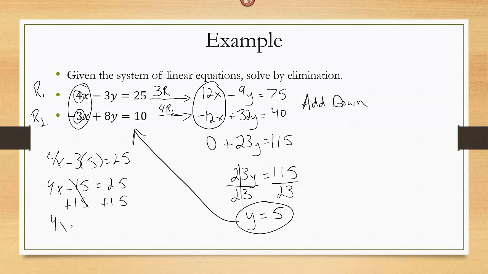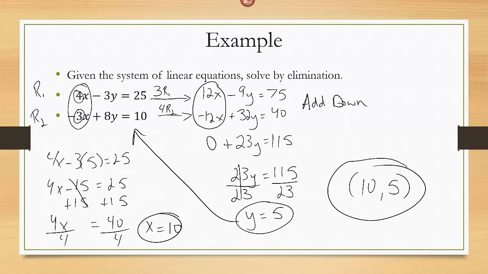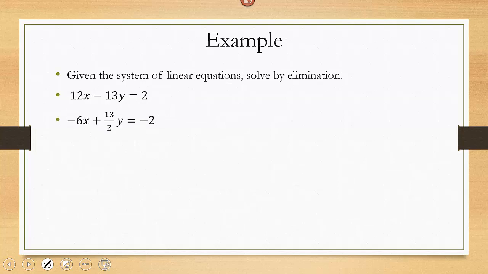We'll have 4x equals 40. Divide both sides by 4. And x will equal 10. So our official solution to this system of equations is 10, 5. Okay.